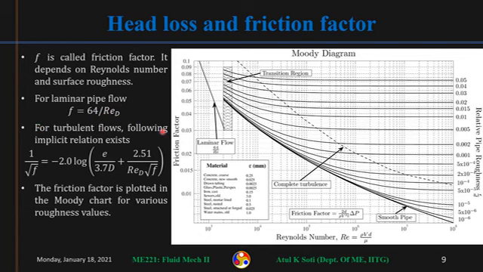Then for turbulent flow, what happens? What people have done? People have measured this head loss or the friction factor as a function of Reynolds number and surface roughness. People have done measurements for various Reynolds numbers and for various surface roughnesses. And finally, there is an empirical relation for friction factor.